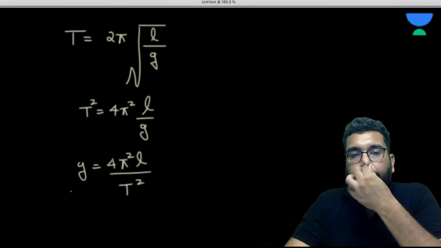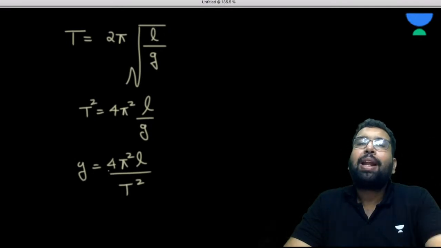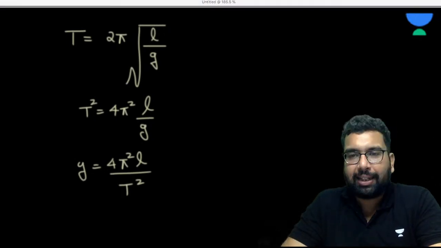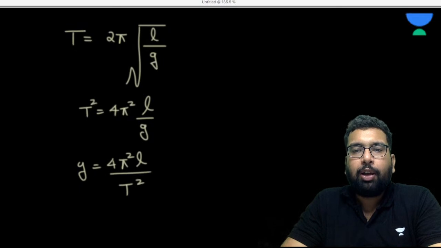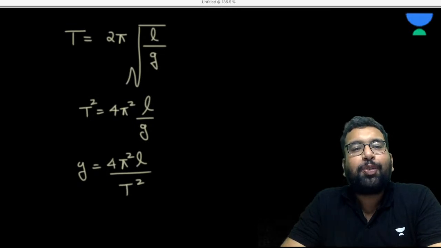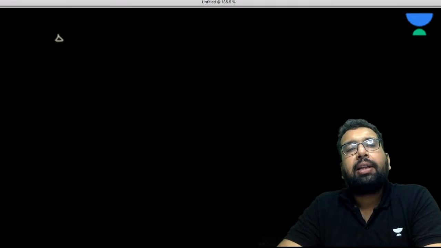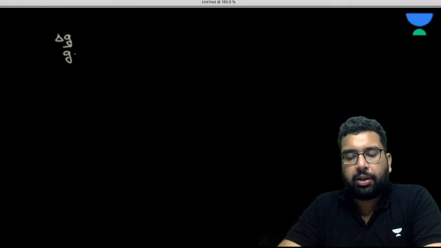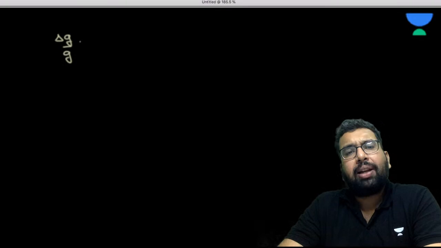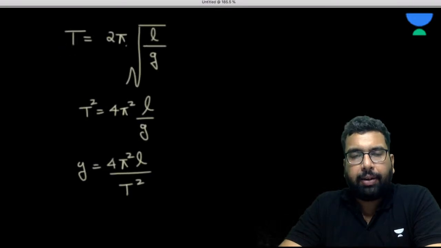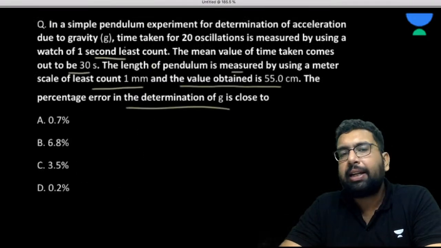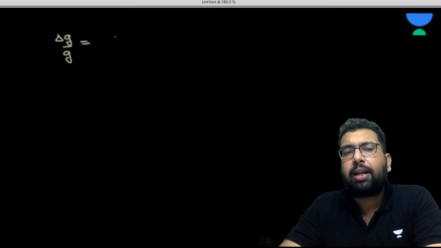Now, if I apply my concept, this 4 pi square has nothing to do with error. This is part of the formula. When something is part of a formula, it has infinite significant figures. It doesn't have any scope of error. So we have nothing to do with 4 pi square. Now, can we write delta G by G into 100? Let's first write delta G by G, because we have to get the percentage error.